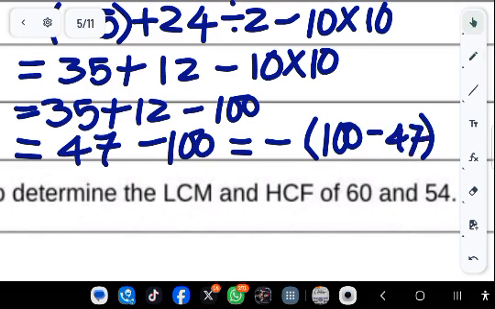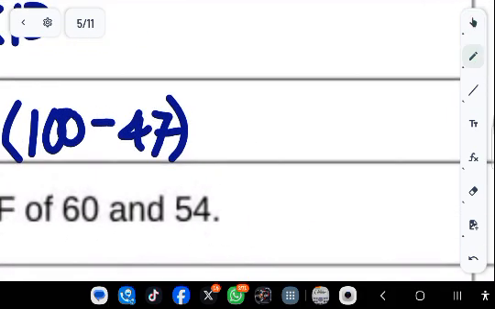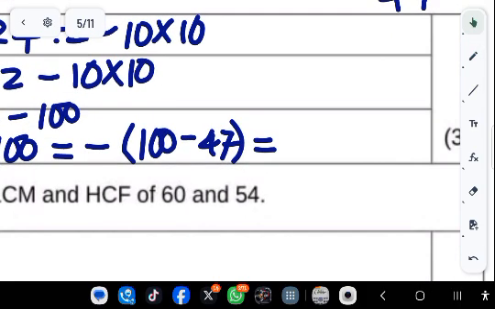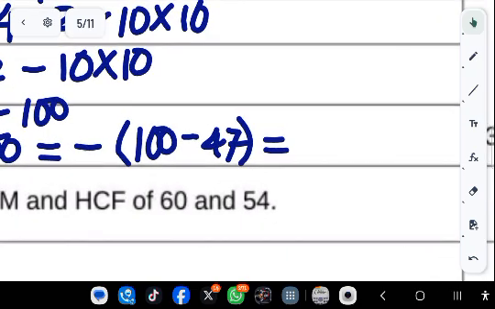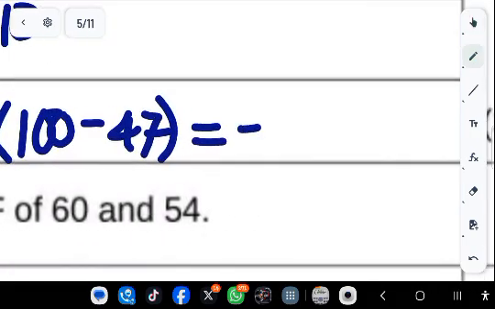The subtraction is done exactly the same way, it's just that this one is going to be negative because you're subtracting a bigger number from a smaller number. So 100 minus 47 is 53. So that will be minus 53, negative 53.